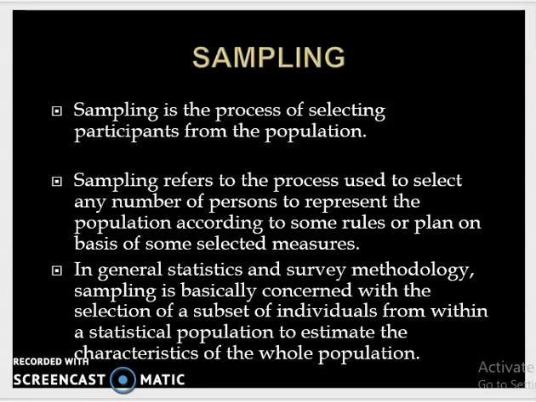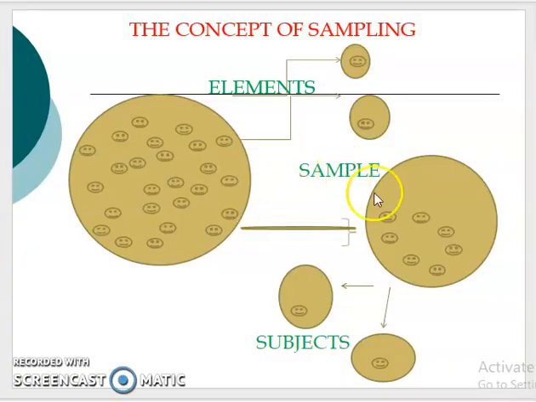So the individual samples which we are taking will be representative of that particular population. So this is a particular population, and we are taking a few samples from it, and these are the different subjects present in that sample. So this is the concept of a sample, and we are not taking the whole population for this measurement.